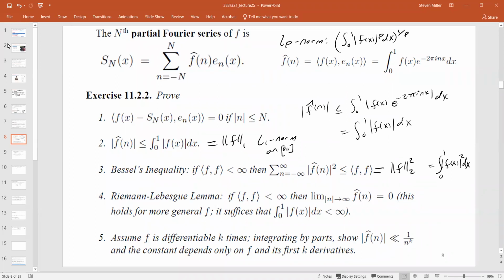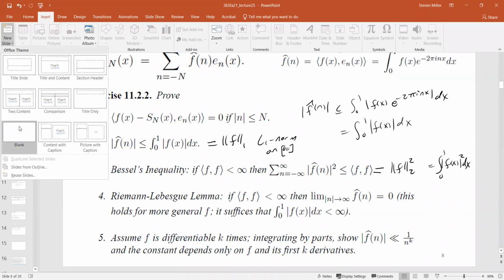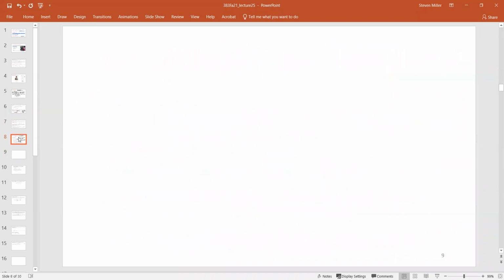As an aside, let me just quickly add a slide. Okay. So L1 of S is functions where the integral over S of the absolute value of f is finite.